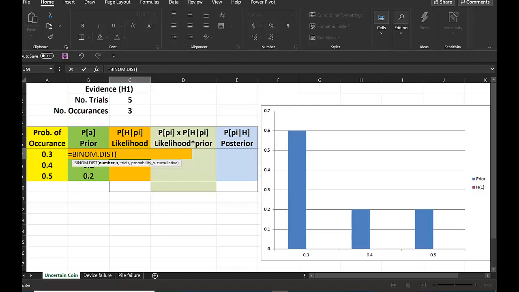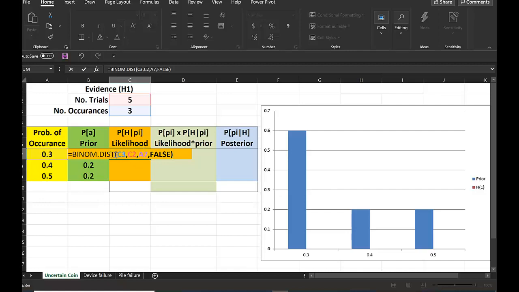We are looking for 3 successes, trials is 5, and the corresponding probability is 0.3, and cumulative is false, because we are looking for the PDF, not the cumulative one.